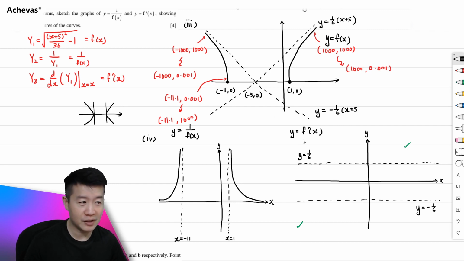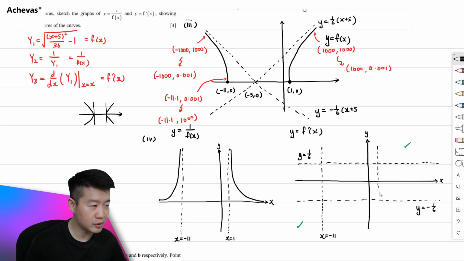So at -11, the gradient f'(x) is undefined. So we should have a vertical asymptote when x is -11. Similarly here, we have a vertical asymptote when x is equal to 1.